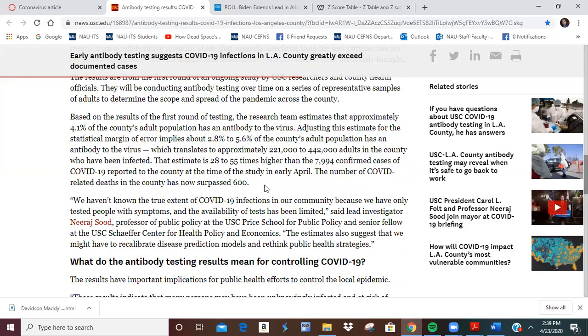One thing that I couldn't find in here, though, is the sample size. But they do say that there's this margin of error. This right here is a confidence interval, so we can determine the sample size from it. Before we start, we've got to figure out what the sample size is based on this. This 4.1% is the middle, so we can calculate our margin of error based on that. It goes from 2.8 to 5.6.